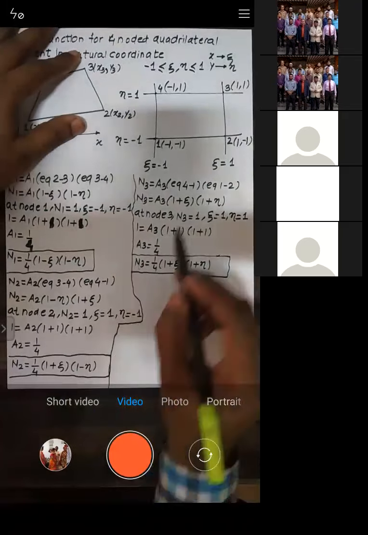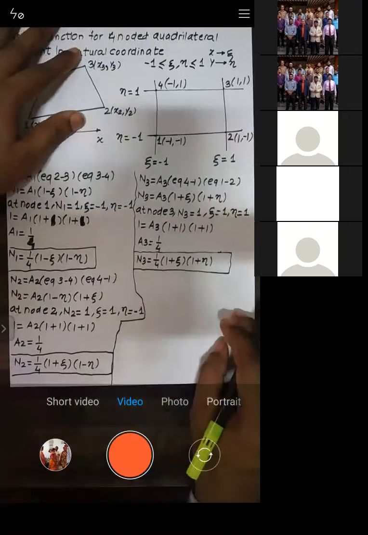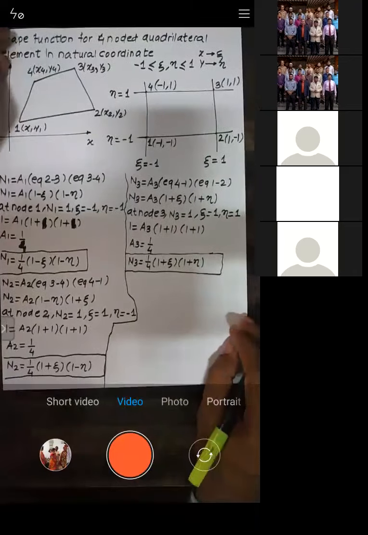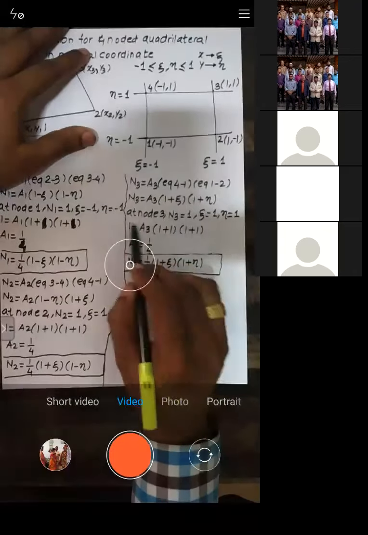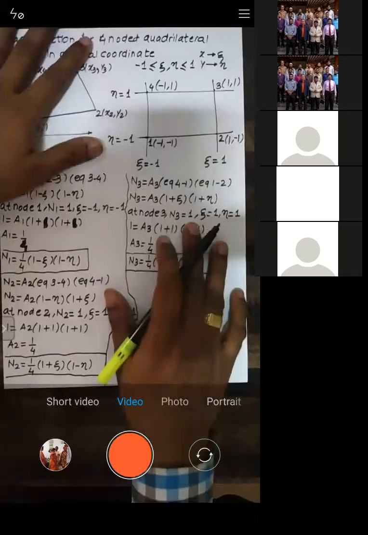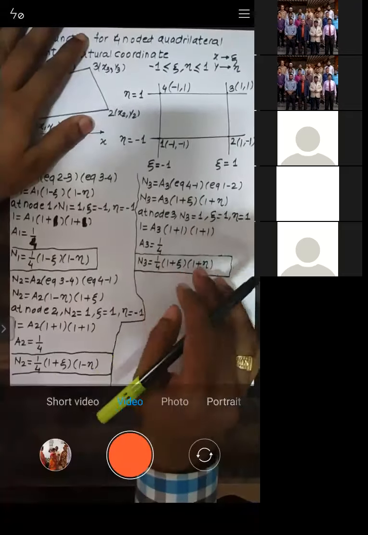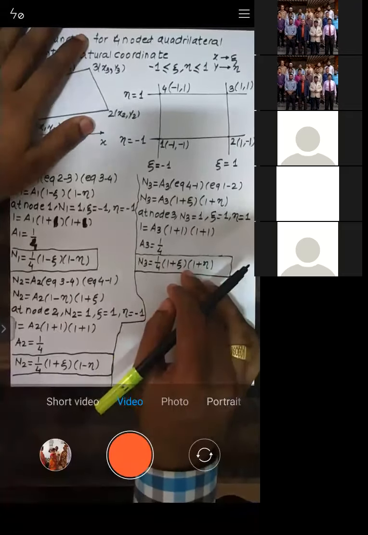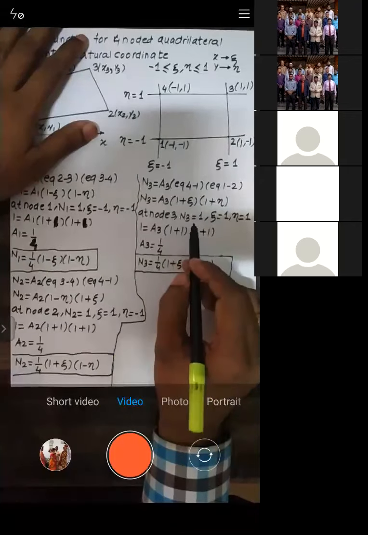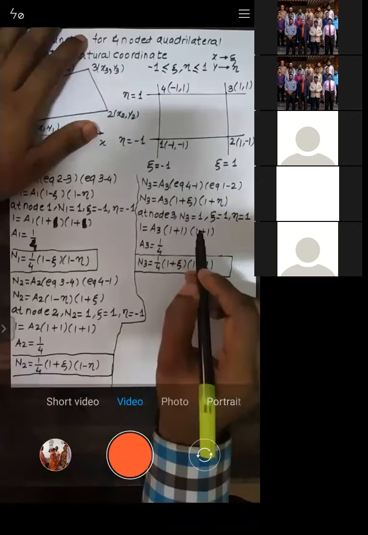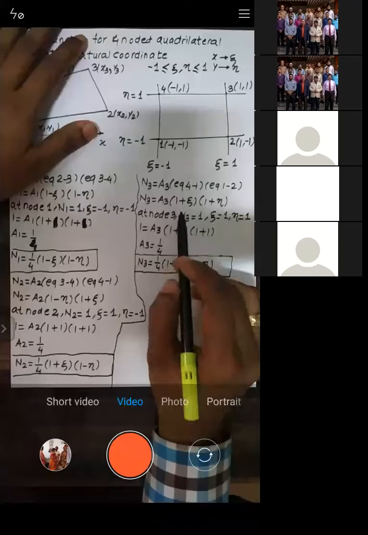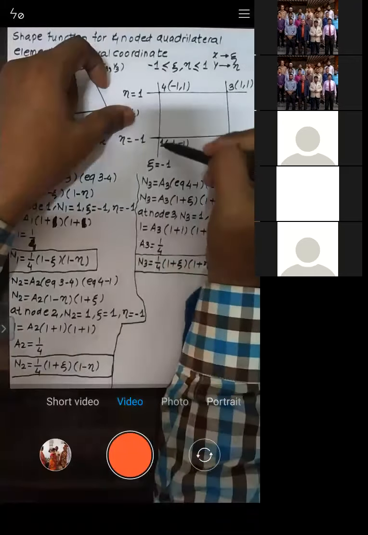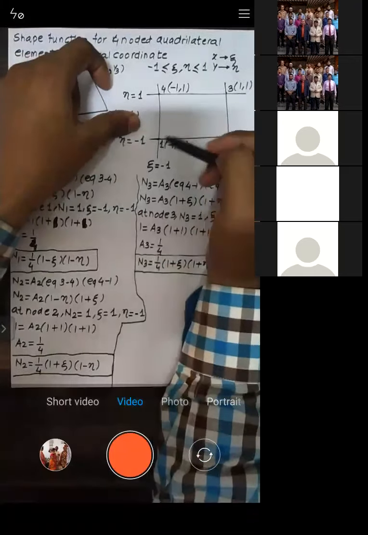Sir, please explain the second step of N3, how the equation for 4 to 1 is written. Okay, see, what is the equation of this line 4 to 1?